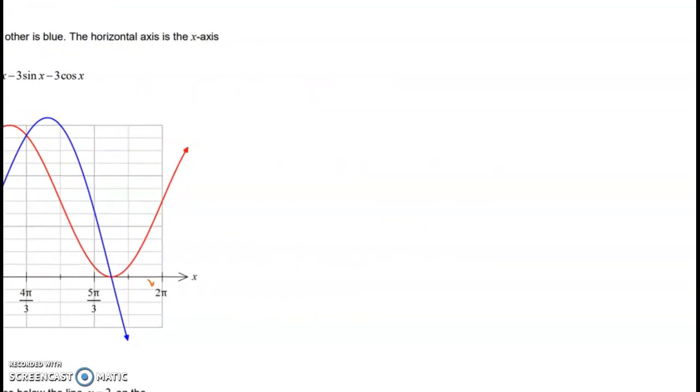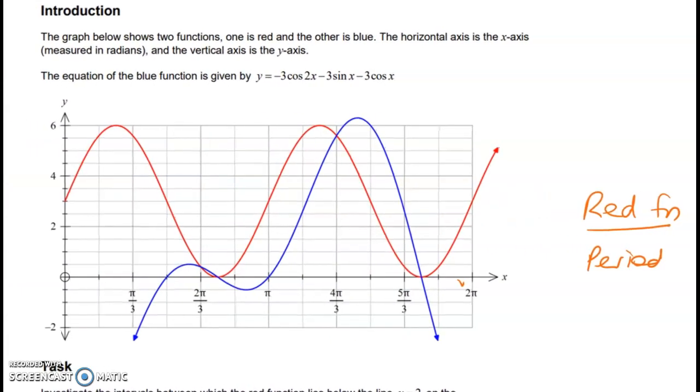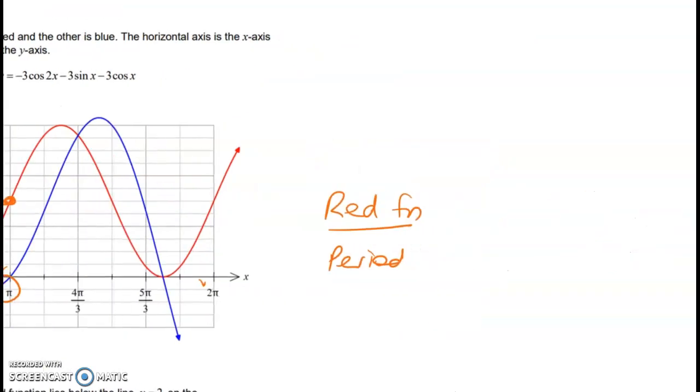Okay, so let's just go through the features. So red function, period of the function, this goes from here through to here. So the period of the function is pi, which means that the frequency is the normal period for a sine or cosine function, 2 pi, divided by pi, which is 2.